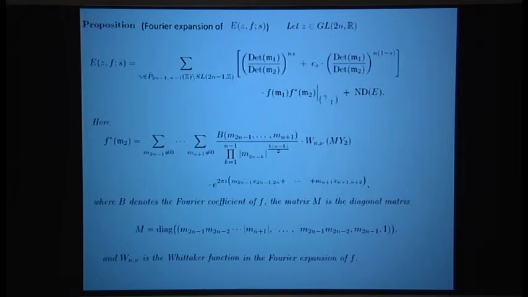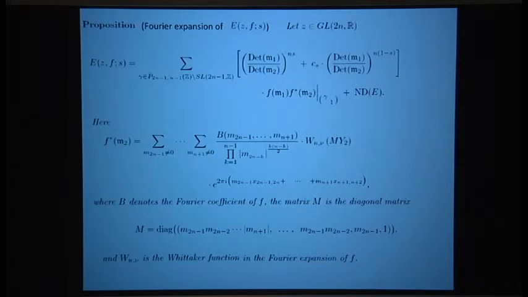The first term is the degenerate term, so it comes from the Einstein series integrated against a degenerate character. So the Fourier expansion of this cuspidal Einstein series is very simple. It's just one degenerate term plus the non-degenerate term. And the proof of this proposition follows from Langlands' constant term formula. If we know the constant term formula, then we use induction to get the Fourier expansion of the cuspidal Einstein series.